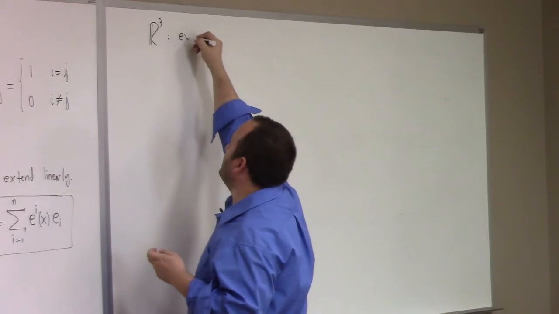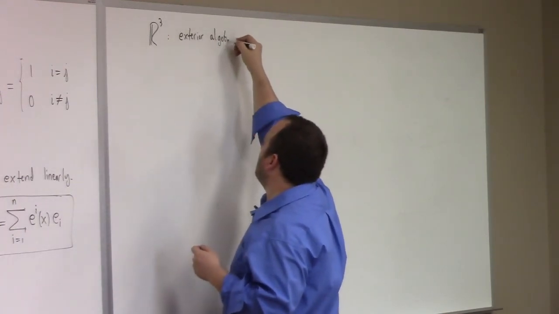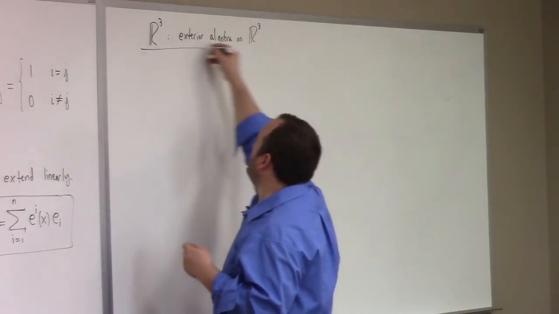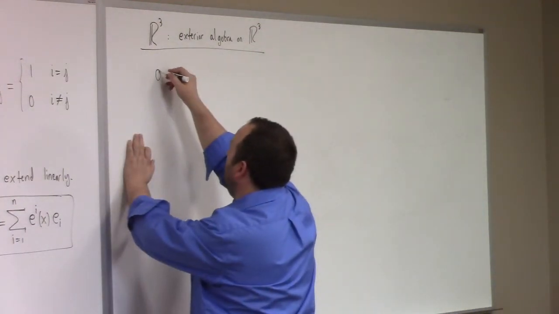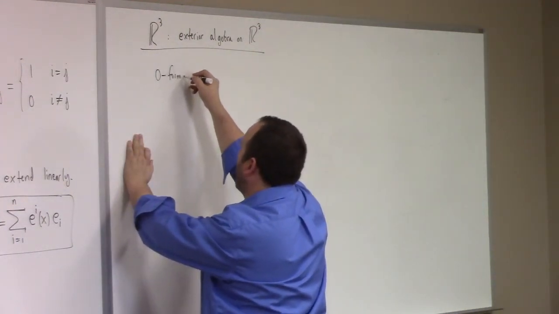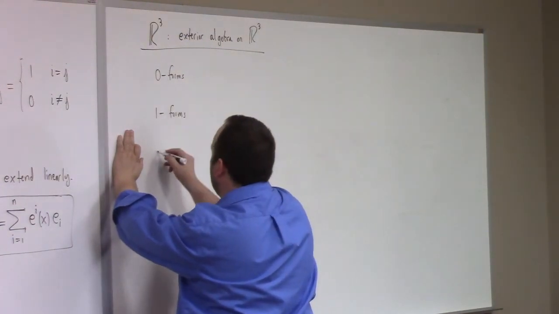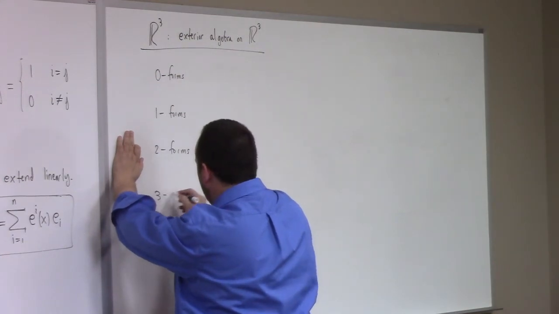I want to talk about the exterior algebra on R3. So the basic thing is we have 0 forms, we have 1 forms, we have 2 forms, and we have 3 forms.